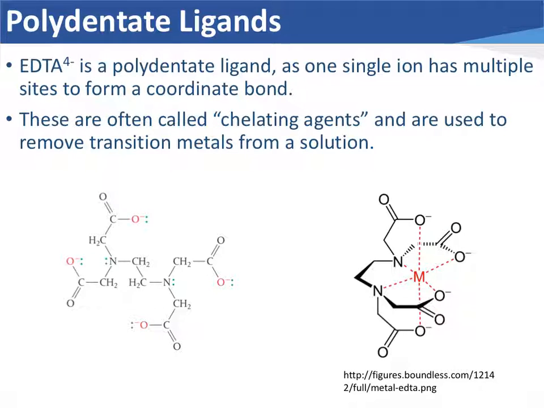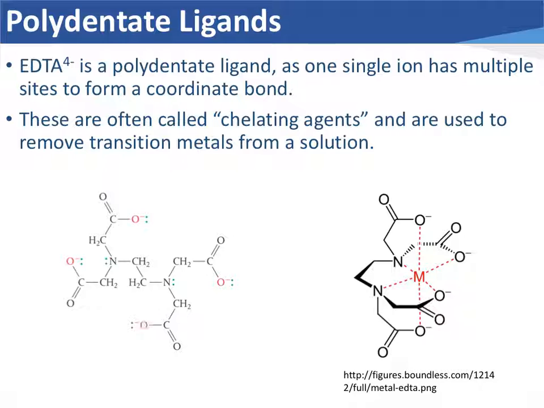Such a thing exists as a polydentate ligand. Poly means many. So a polydentate ligand is one single ion or compound that has multiple sites to form a coordinate bond. Remember, these ligands form coordinate bonds.